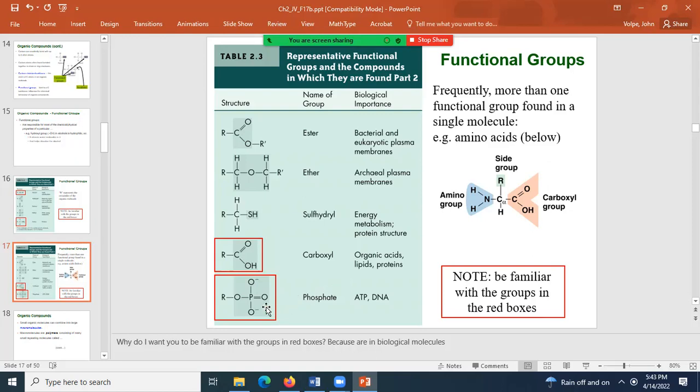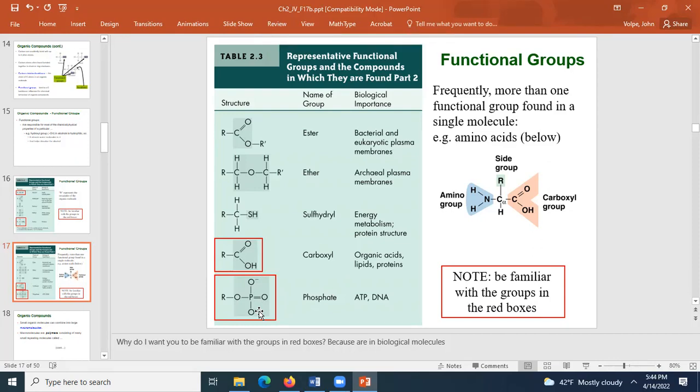And then the last functional group you should know is phosphate. It is PO4, meaning 4 oxygens. And it orients like this, where the phosphate has, in this case, 2 negative charges. You can find phosphate groups in ATP, DNA, and nucleotides.